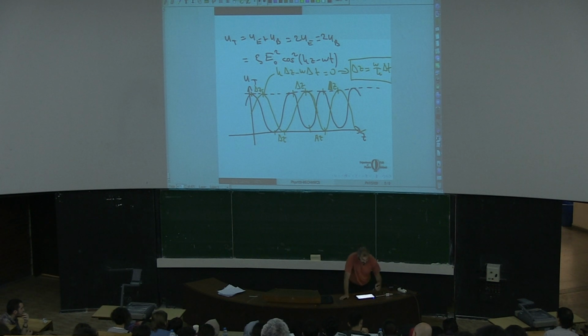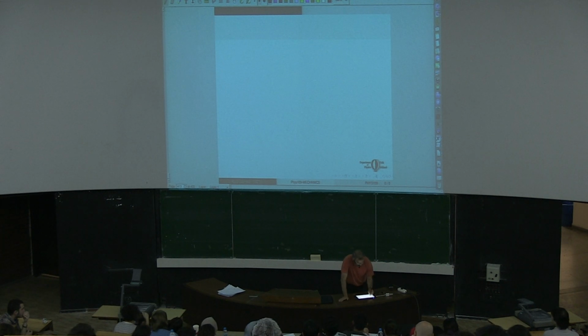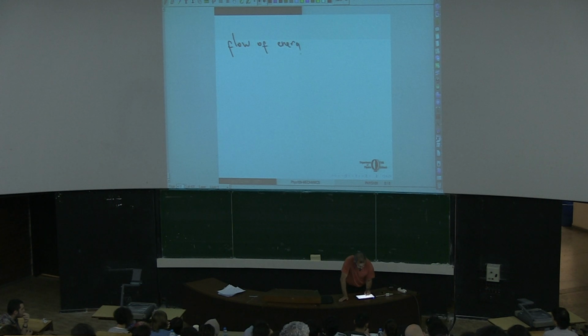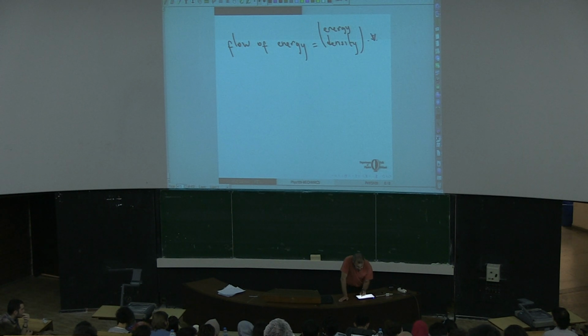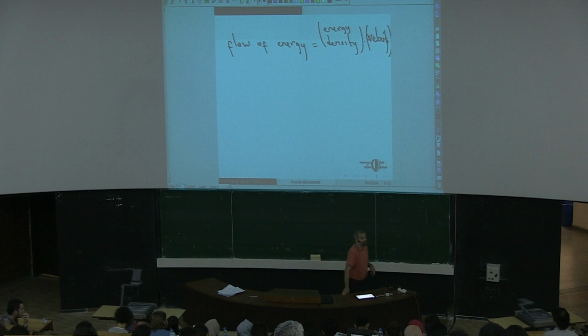So if you would define the flow of energy, we define it as the energy density times the velocity. This is how we define the energy flow.